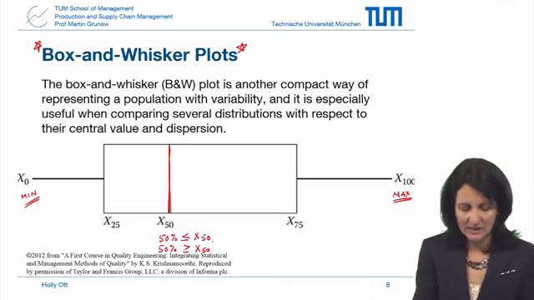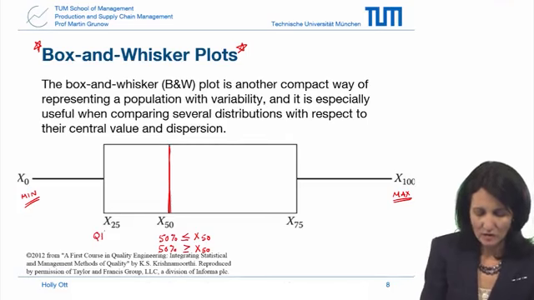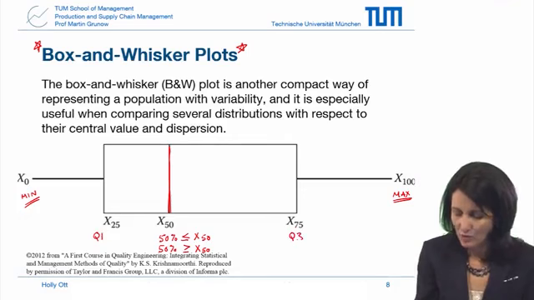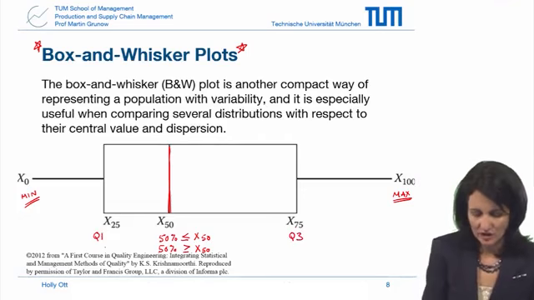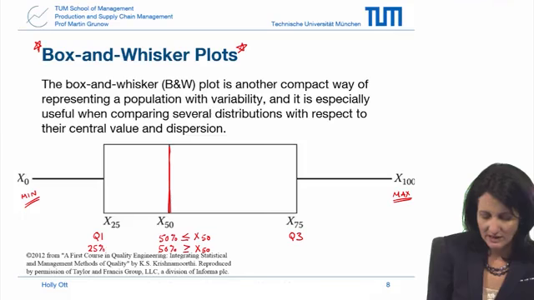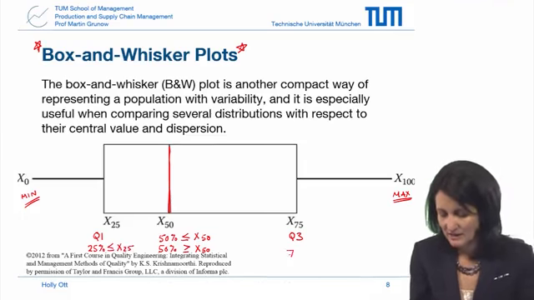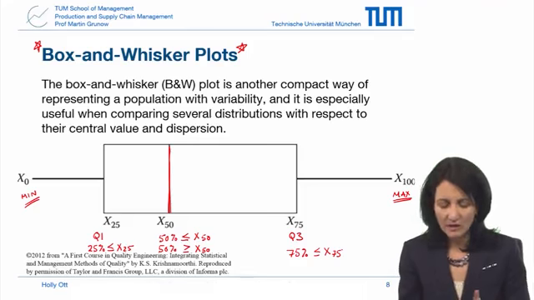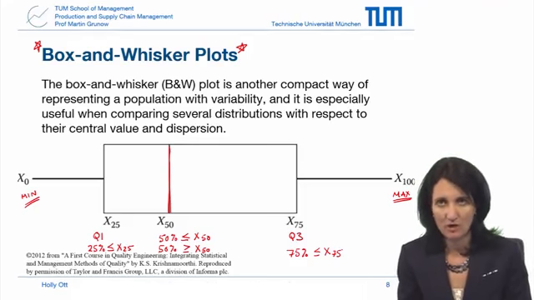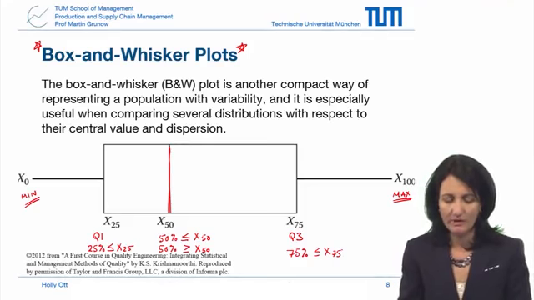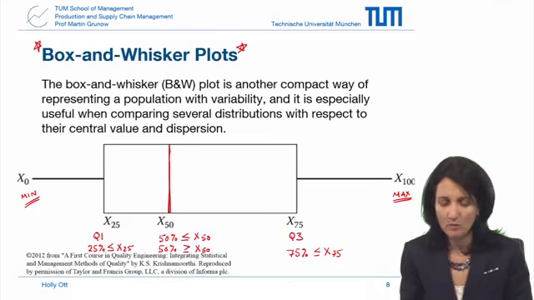It also gives us the first quartile and the third quartile, and these are the points at which 25% of our data is less than or equal to x25, and 75% of our data is less than or equal to x75. Now, we're not going to be asked to construct these in our course, but I do want you to understand why they're useful and what data points they contain.